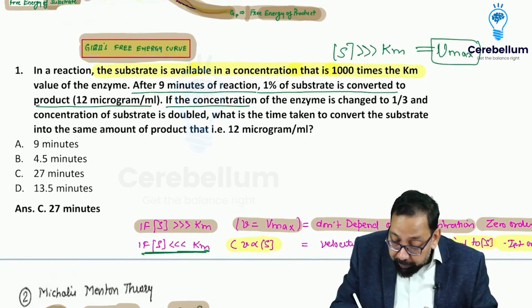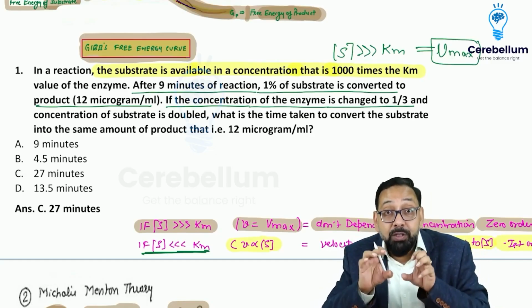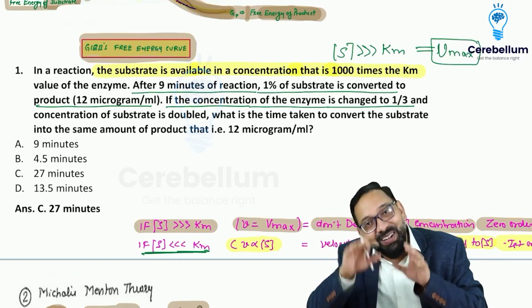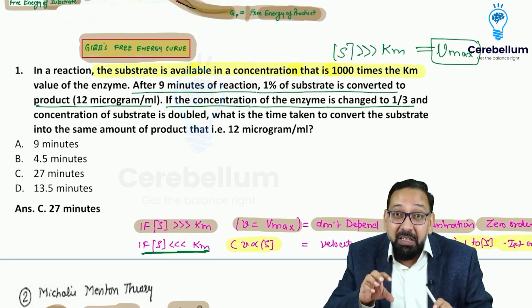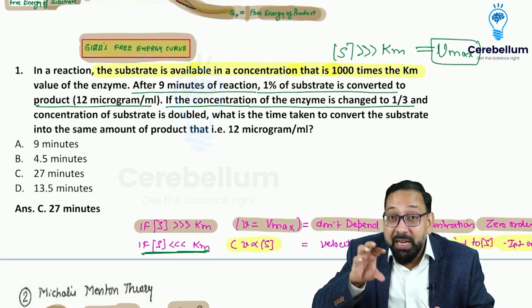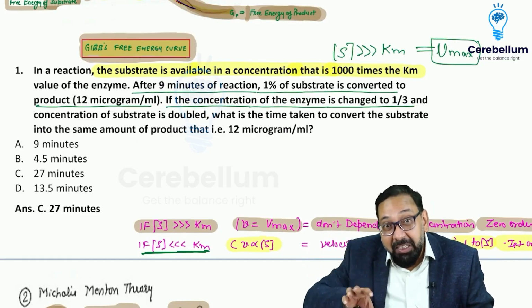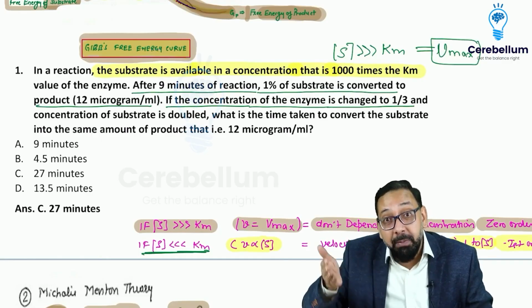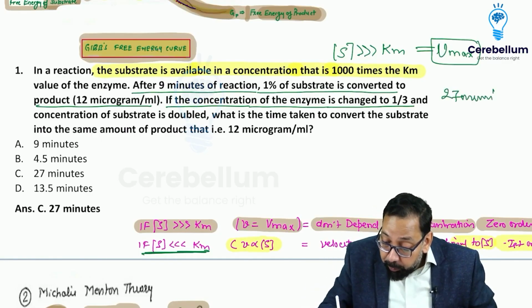If the concentration of enzyme is changed to 1/3, the number of workers is decreased. Previously, they used to do the same work in 9 minutes. When the number of workers is decreased, they will take 3 times more time, meaning 27 minutes, to do the same conversion of substrate to product.